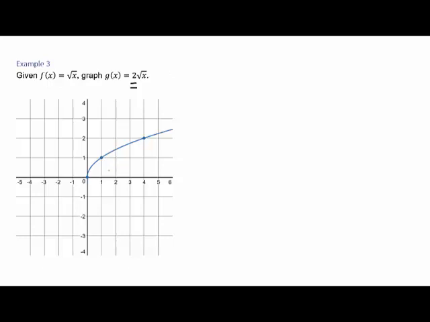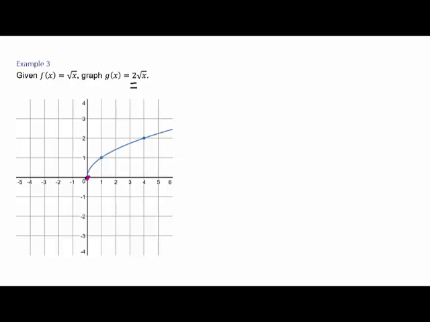Now, how do I do that graphically? I'm just going to go to the graph and think about these points, what the y values are, and multiply them by 2. But this point at the origin, the y value is 0, and if you multiply it by 2, you still get 0. So we're still going to have a point at the origin.